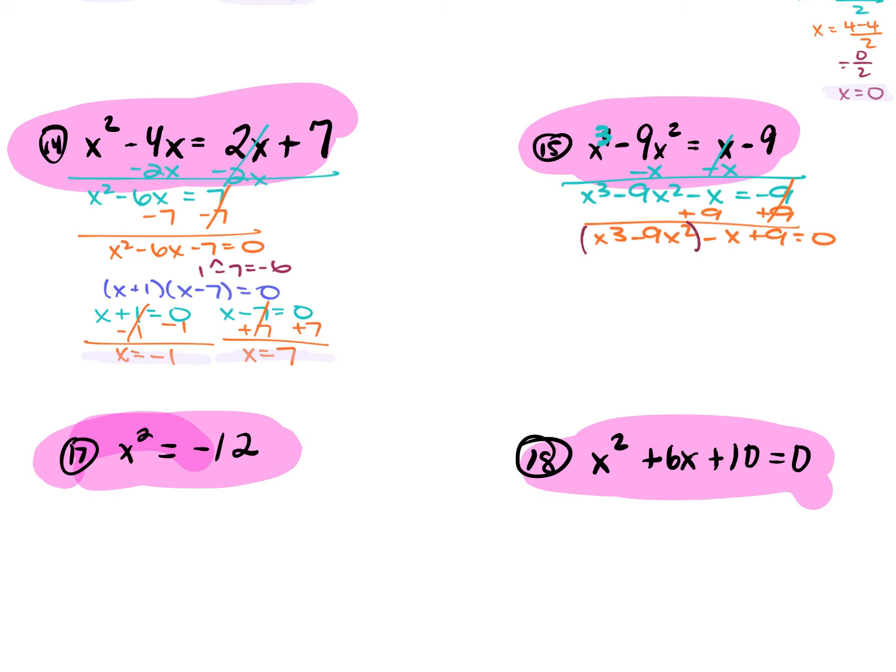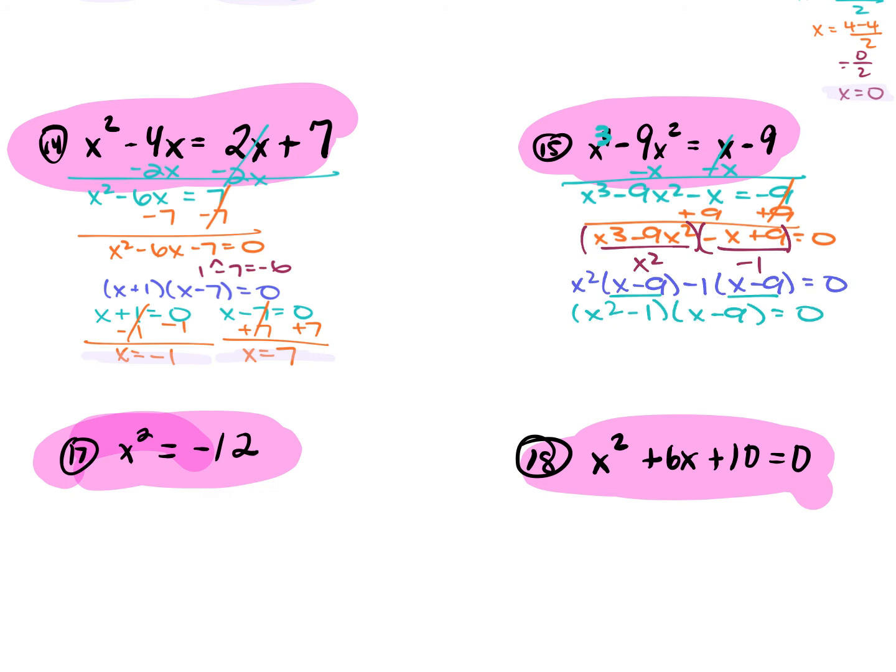So we'll put a set around the first two, put a set around the last two, factor out an x squared from the first, factor out a negative 1 from the second. So this gives us x squared times x minus 9 minus 1 times x minus 9 is equal to 0. Your two sets of parentheses are the same, so we're going to rewrite this as x squared minus 1 times x minus 9 is equal to 0.